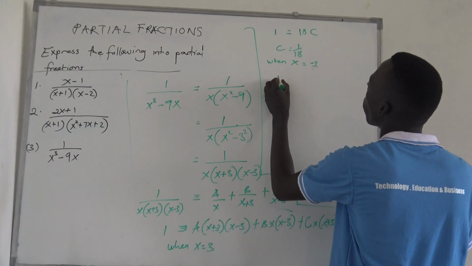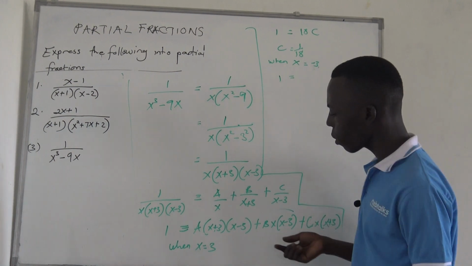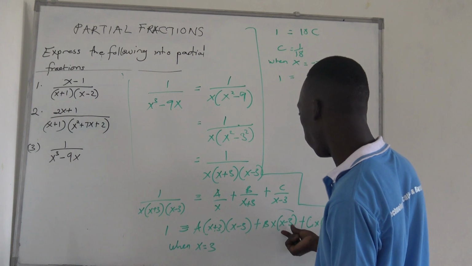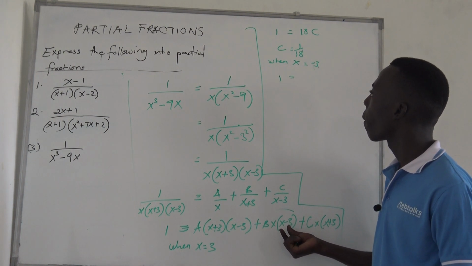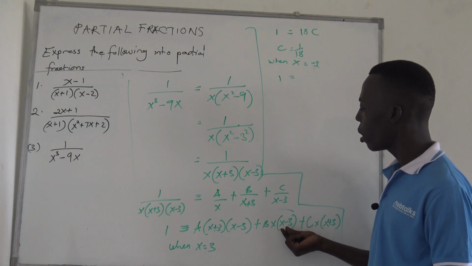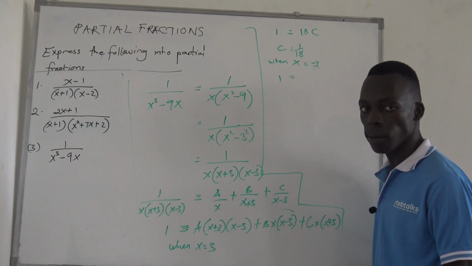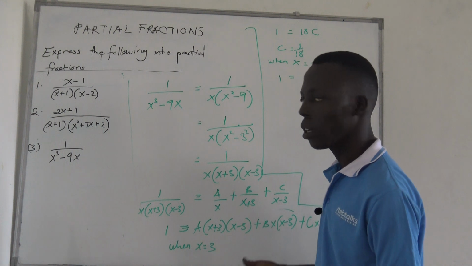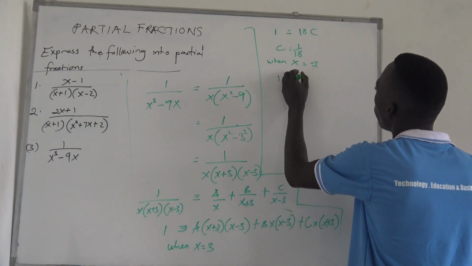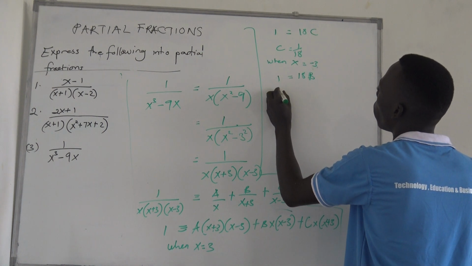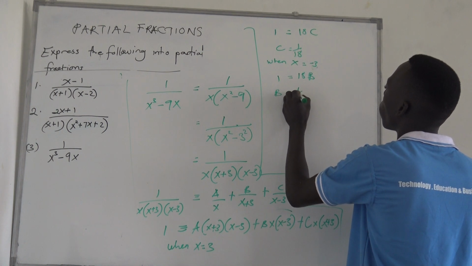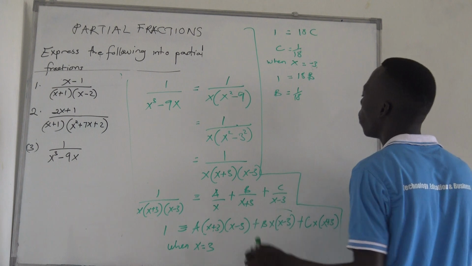So 1 equals b times x(x minus 3). When I place here negative 3, that gives me negative 6, and negative 6 times negative 3 gives me 18b. So the value of b here is 1 over 18.